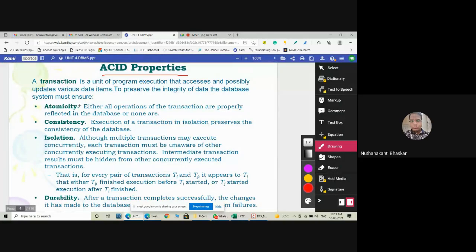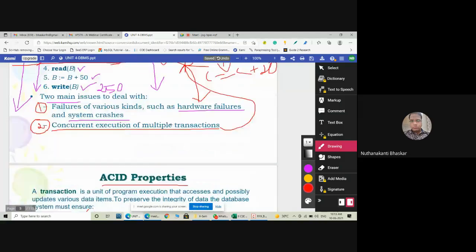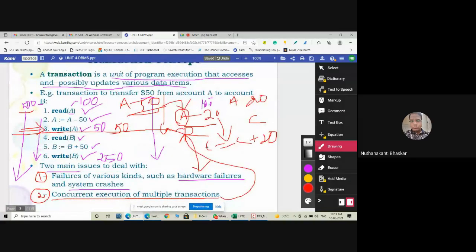Now, again, I am giving the idea on atomicity. Sir, what is atomicity? Either all operations of the transaction are properly reflected in the database or none. Means, just now I told you a transaction is a collection of operations which are going to execute sequentially. The atomicity rule says if you want to execute a transaction, you must execute all the actions in the transaction. Otherwise, if anything fails, you go back to the beginning so that no one will lose anything.